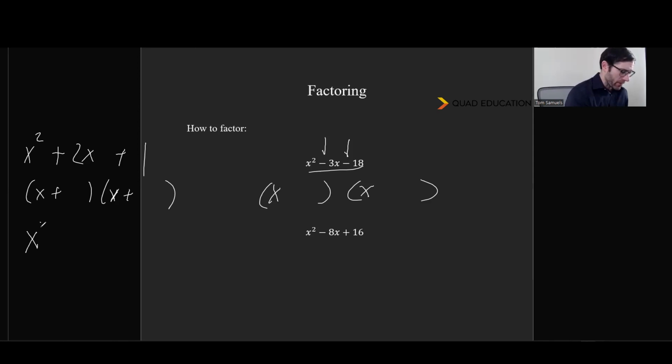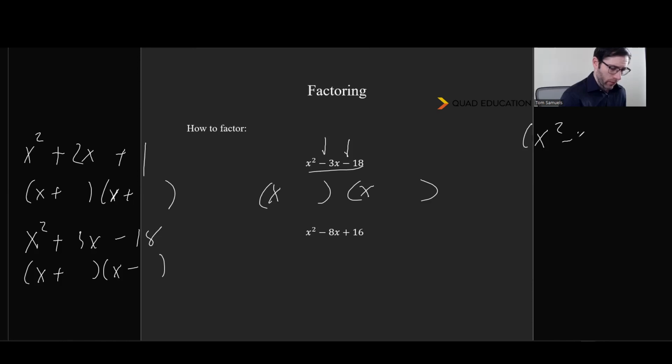You could also have a positive and a negative, which would mean that we have one being a positive and one being a negative. We could have a negative and a positive, which would mean that both are negative.